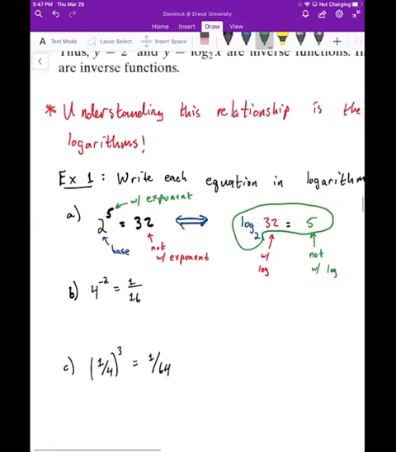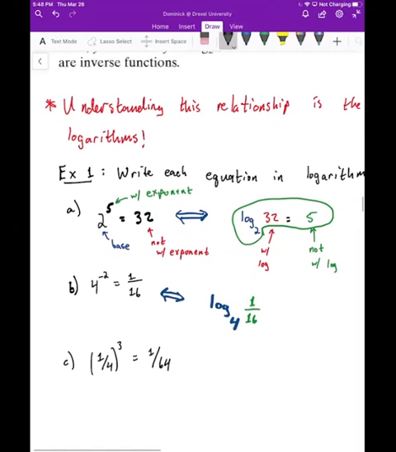All right, let's do another one. So in this second example, what do we have? My base is 4, and that's still going to be my base. So we have log base 4. The thing that's not with my exponent is the 1 over 16, so that's with my logarithm. And the thing that's with my exponent, the -2, should not be with my log. All right, and that's the logarithmic form of this one.